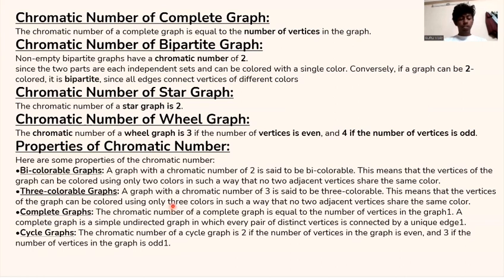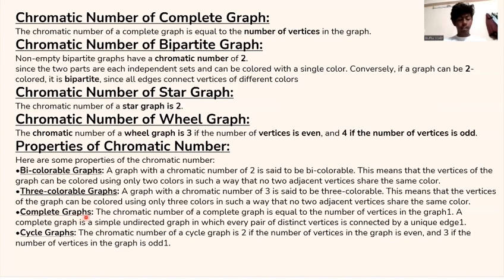We can't color those graphs with two or one colors. At minimum, three colors are required. So if we color the graph using only three colors, and that is the minimum number of colors, then those graphs are called three colorable graphs.